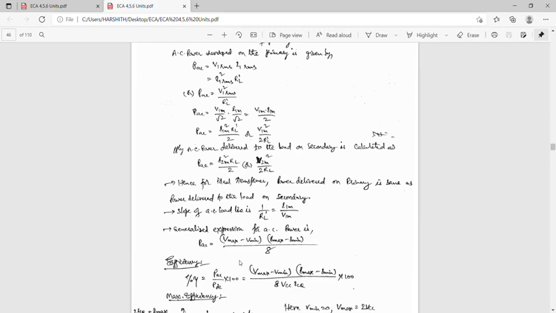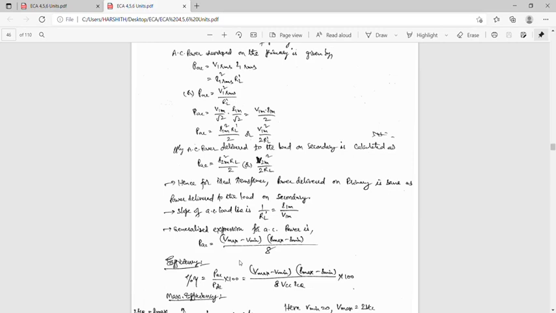So we can calculate the power. PAC equals V square 2 RMS by RL, or PAC equals V square 2m by 2RL. So that is the AC power output.